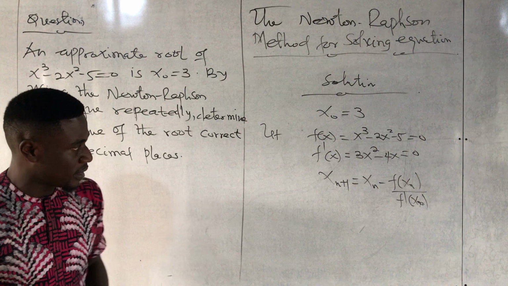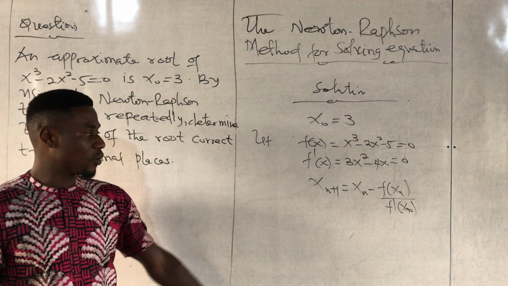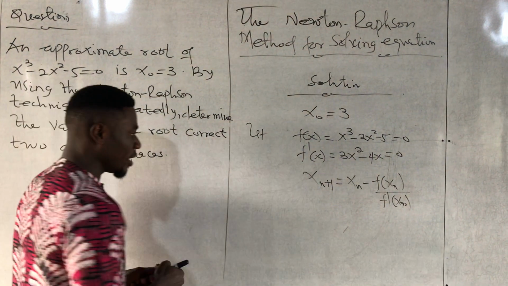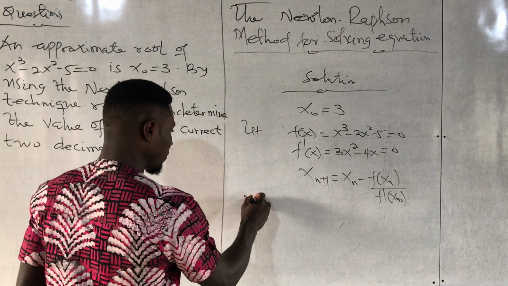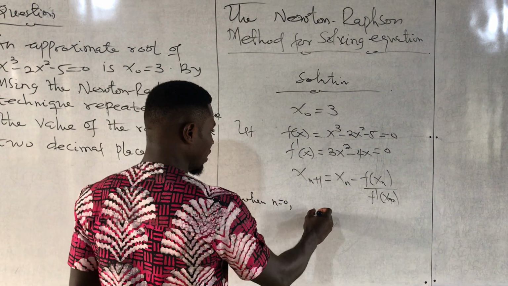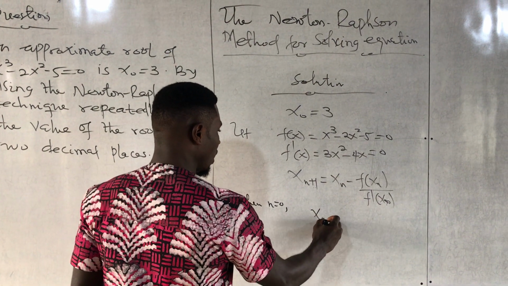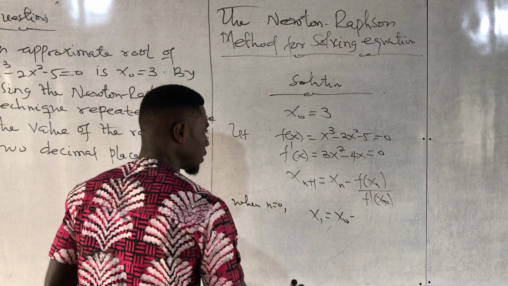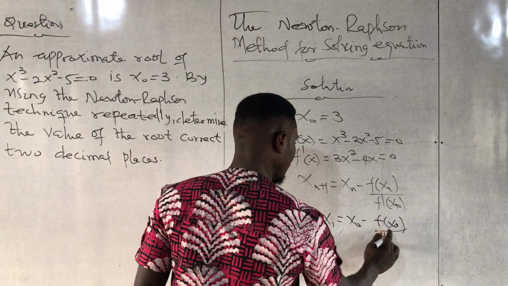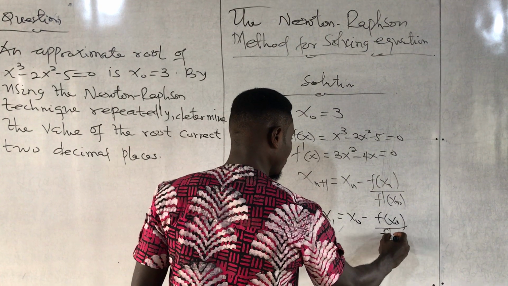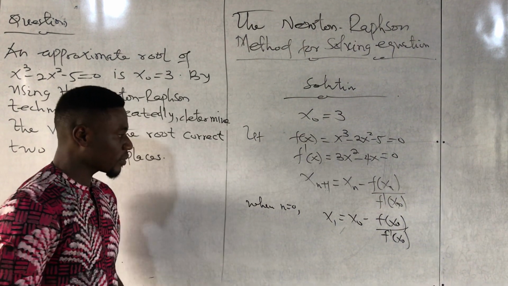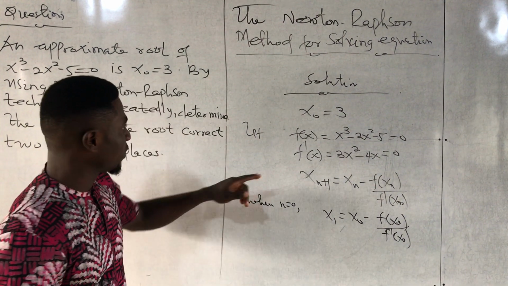Alright, so once you have this, we will let n be equal to 0 to get the first iteration. So when n is equal to 0, this will now give us x1 = x0 - f(x0) over f'(x0). Now we have been given our x0 to be 3.